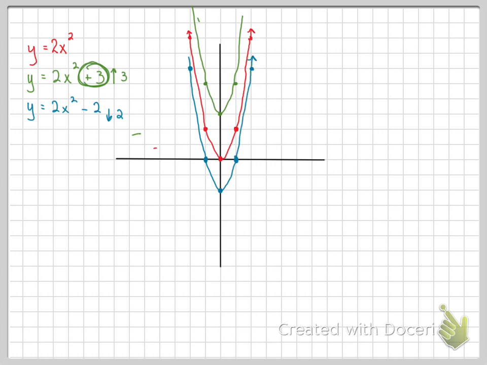And that is your graph, 2x squared minus 2. Okay, very, very simple transformations so far.